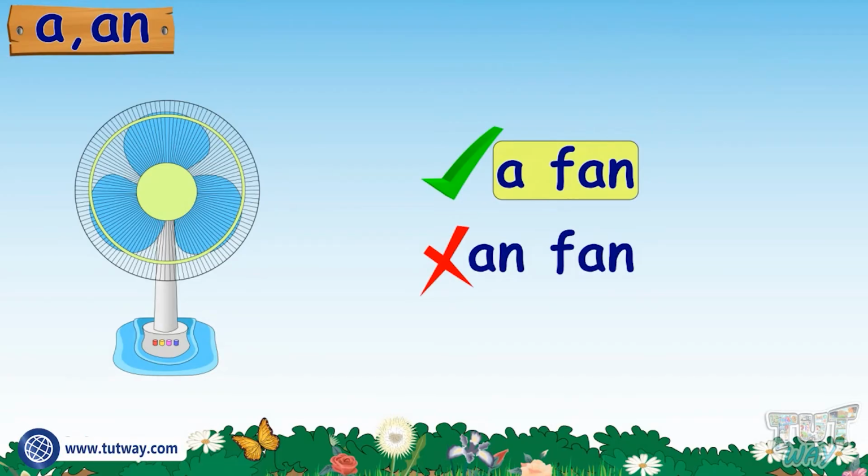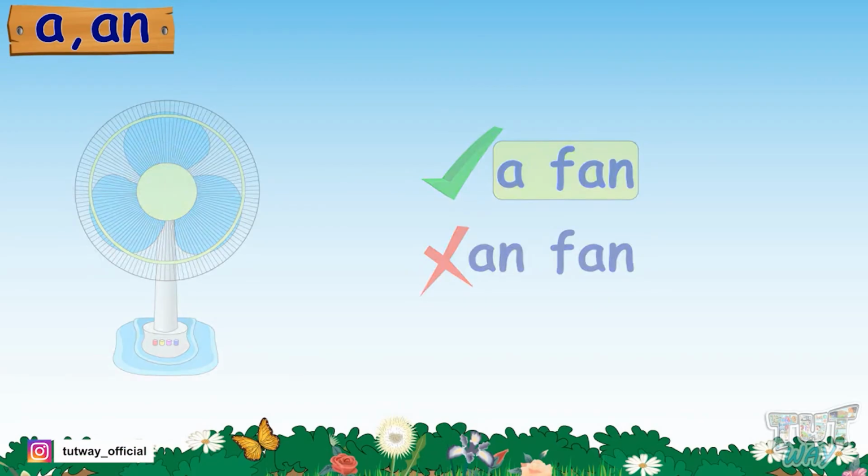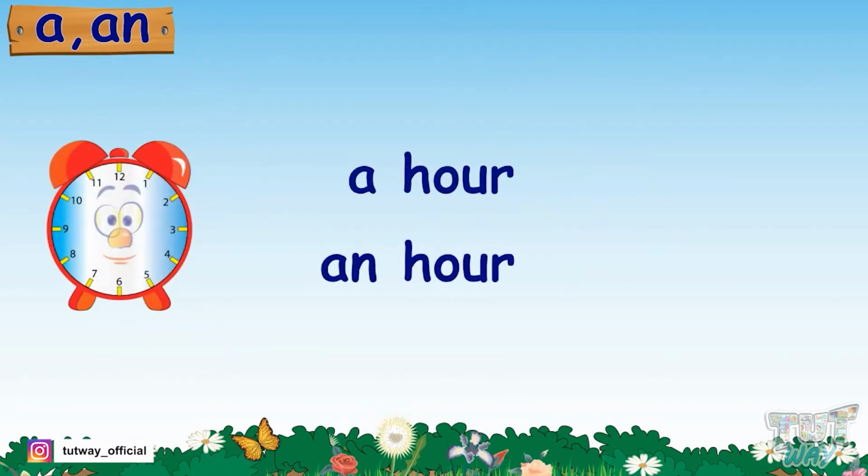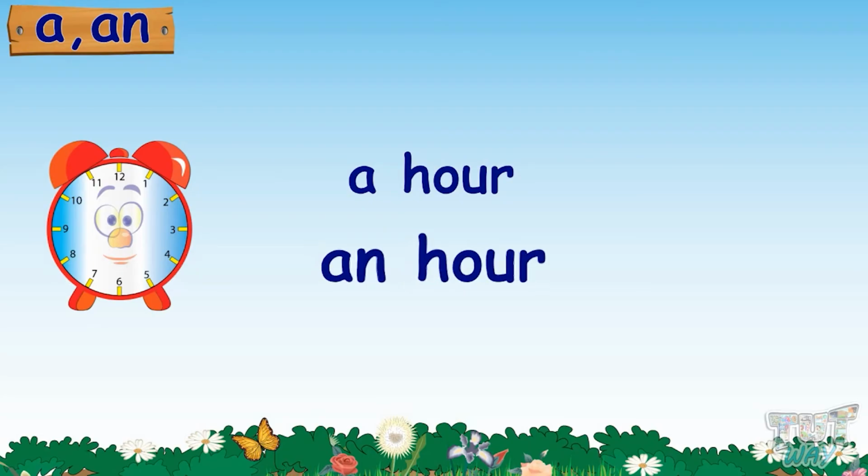Now, here we have some tricky examples. How will you name hour? Will you say a hour or an hour? It begins with the letter H. H is a consonant.